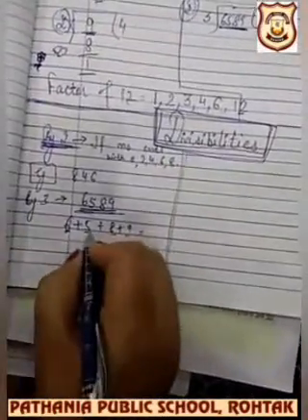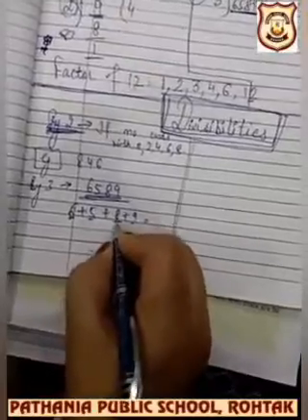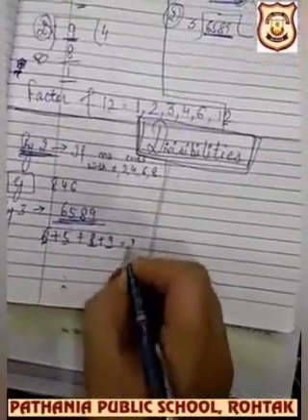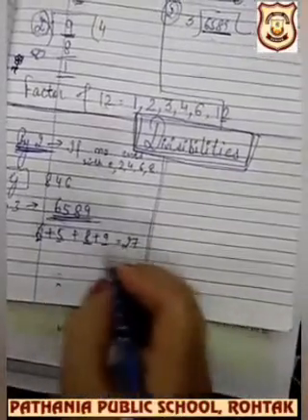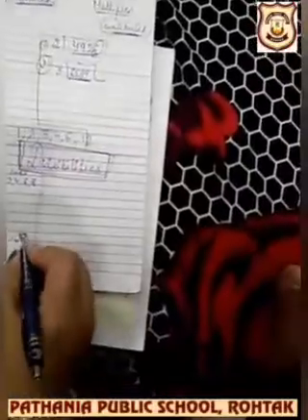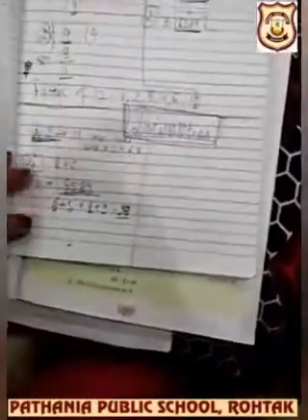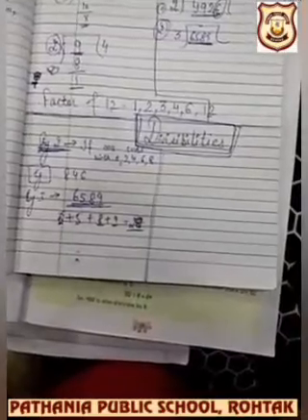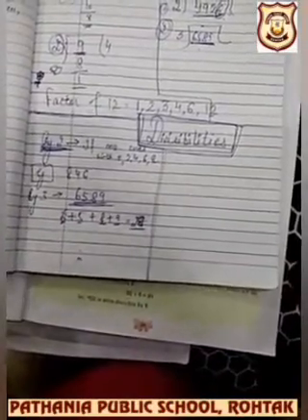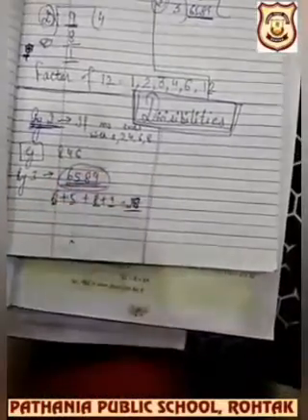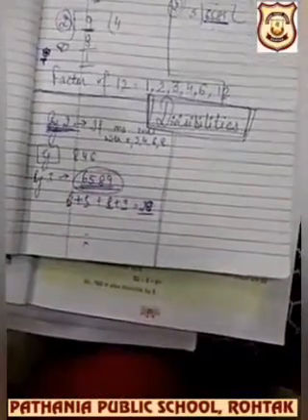So 6 plus 5, 11. 11 plus 8 is 19. 19 plus 9 is, sorry, 28. So now tell me, is 28 divisible by 3 or not? No, 28 is not divisible by 3. So this means the complete number is not divisible by 3.